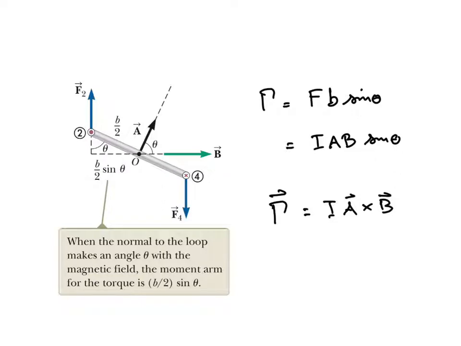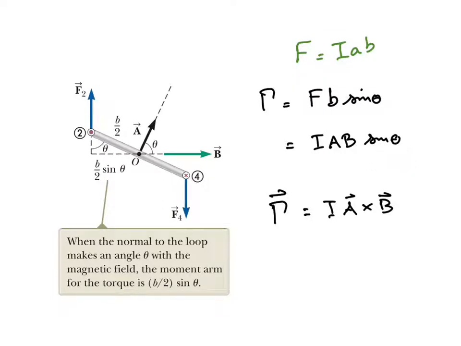Again, F is I A B. When we substitute F equal to I A B, we have I A B sine theta. This A is the area of the loop. So the total torque is I A B sine theta.